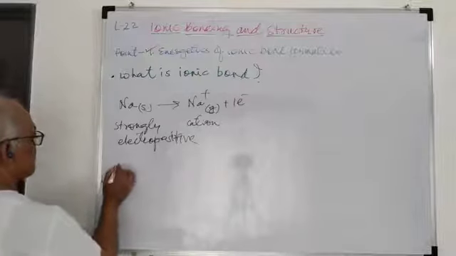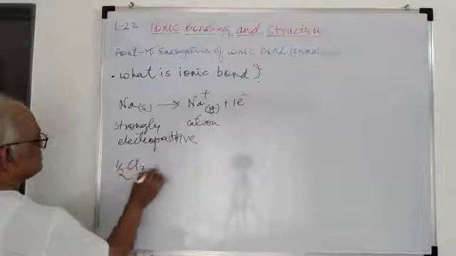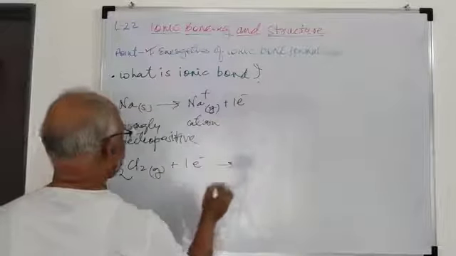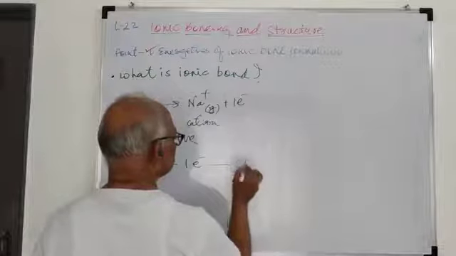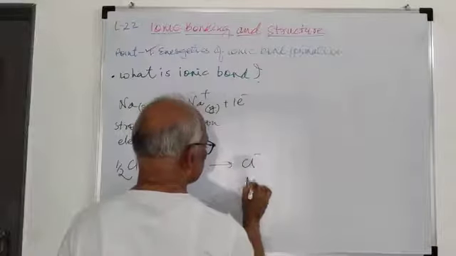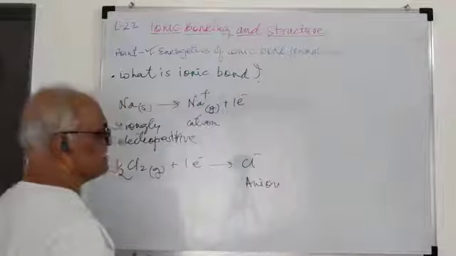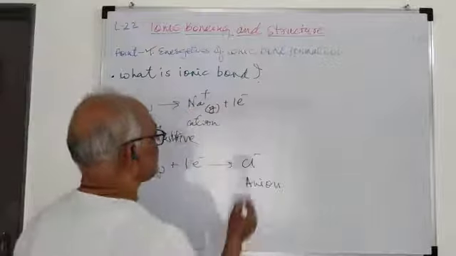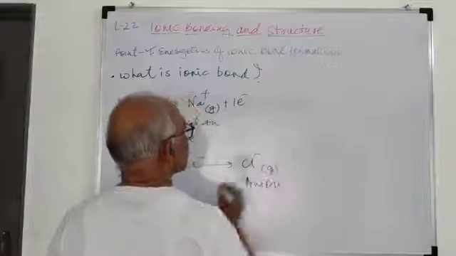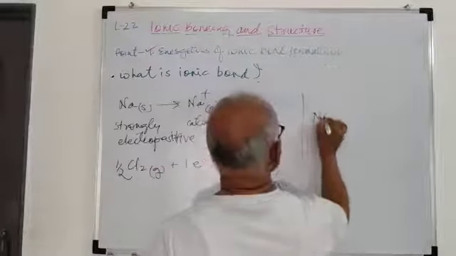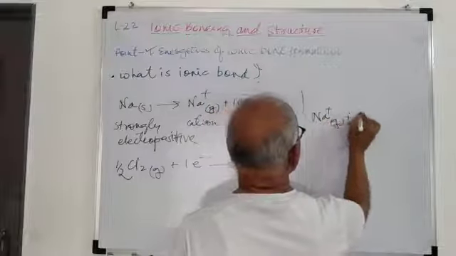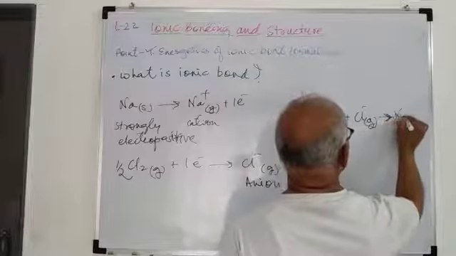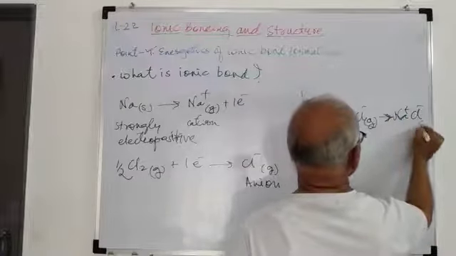Similarly, chlorine in the gaseous state takes up one electron and is converted into Cl minus, the chloride ion. After formation of Na plus and Cl minus in the gaseous state, Na plus combines with Cl minus to give Na plus Cl minus in the solid state.